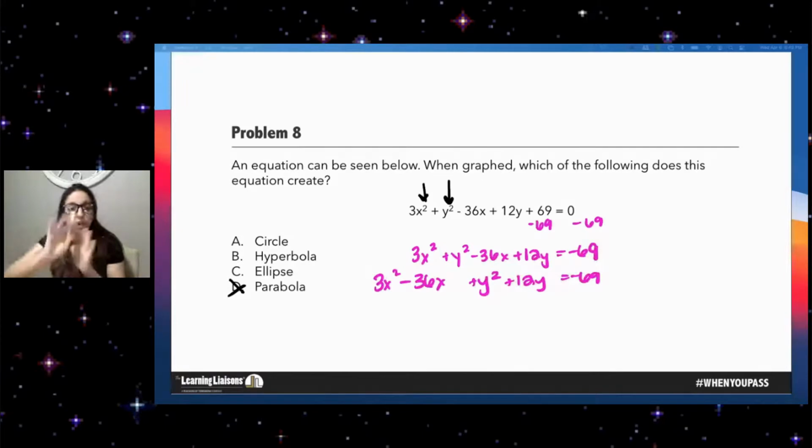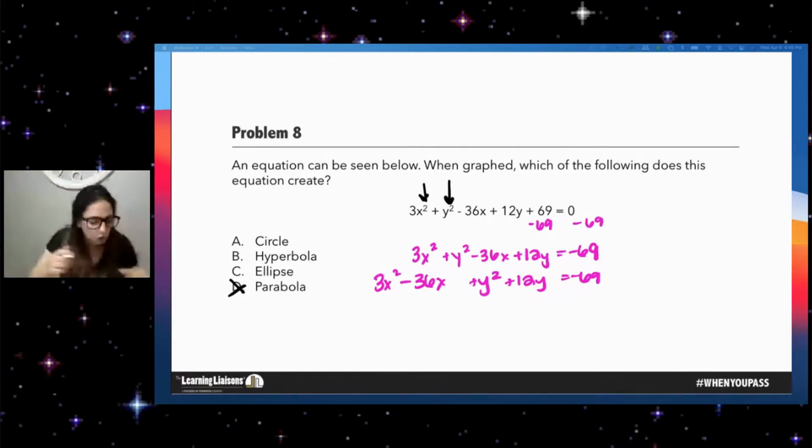So hang in there. So now I am going to use that completing the square mentality to simplify this. So when I'm looking at this, I need to add something here and add something here to create that equation for our circle, hyperbola, and ellipse.